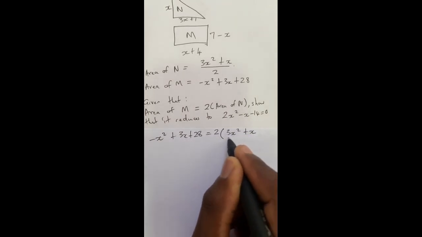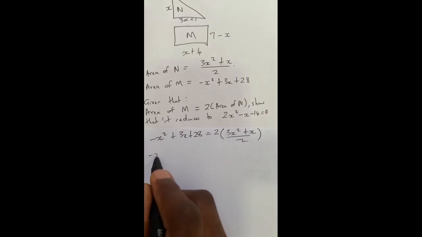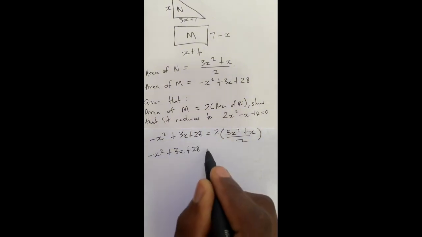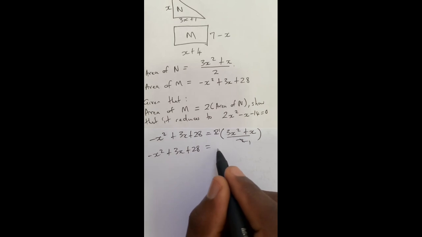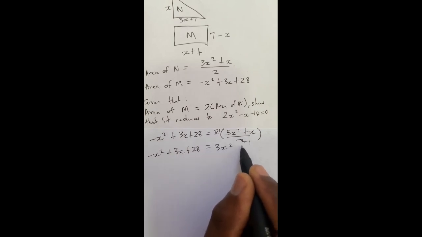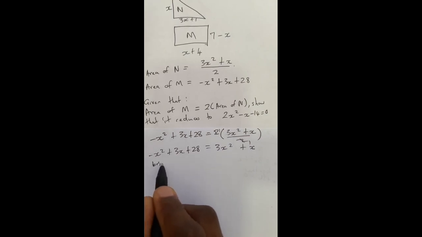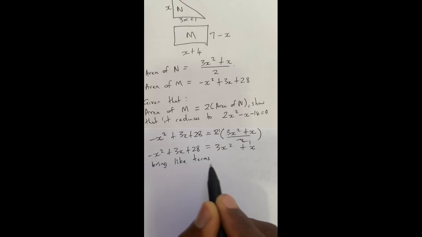So minus x squared plus 3x plus 28 is equal to 2 multiplied by 3x squared plus x over 2. The 2's cancel out each other, leaving 3x squared plus x. And this will lead you now to minus x squared plus 3x plus 28 equals 3x squared plus x.